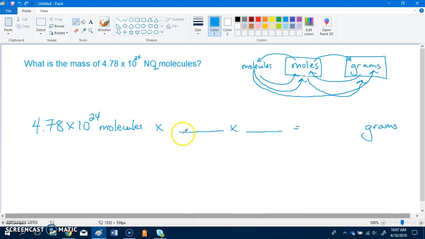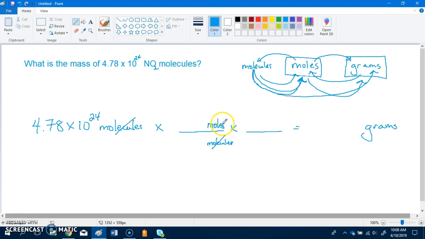Okay. So our first one, we have to go from number of molecules to the number of moles of nitrogen dioxide. Remember, on the bottom we always put the number that we want to cancel out. So we want to cancel out molecules because we want to get to grams. So that means we are going to put moles on top because we're going from molecules to moles.